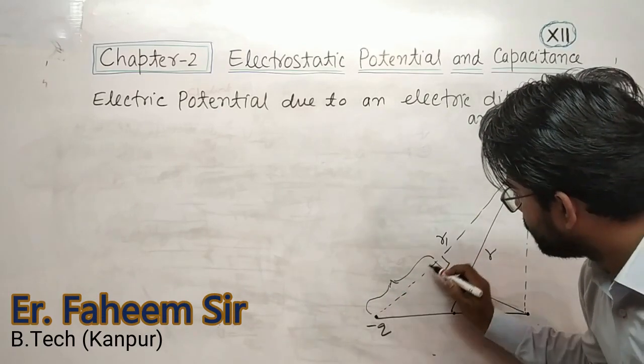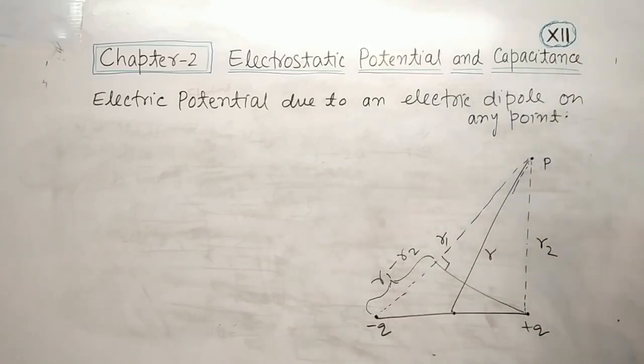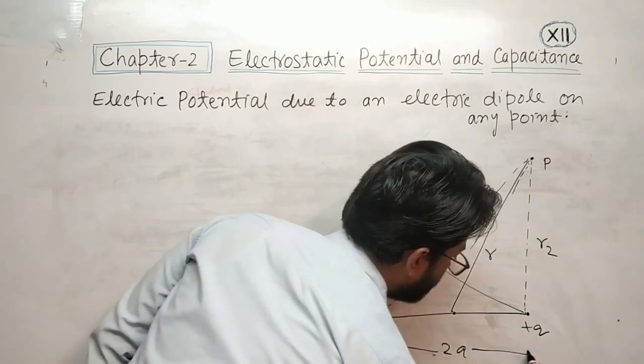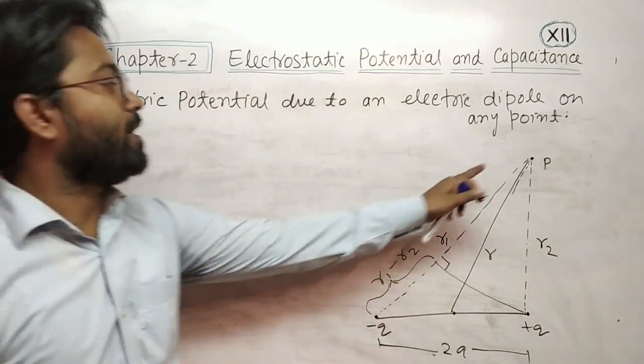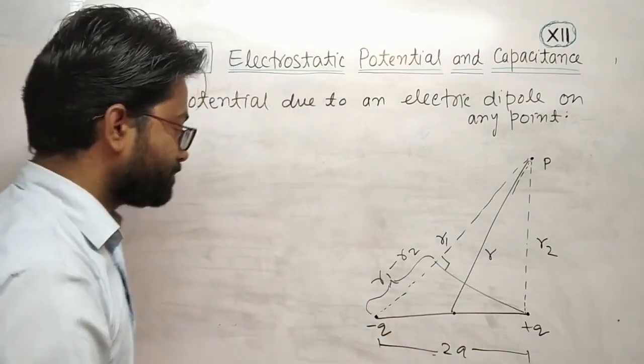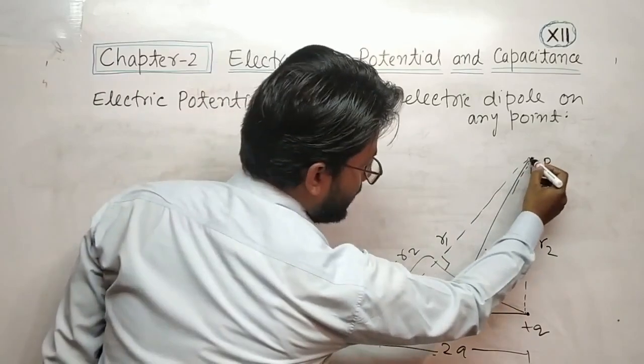This distance from this point to this point is R1 minus R2, and this distance is 2a. This point is a general point on any plane. We need to calculate potential at that point.